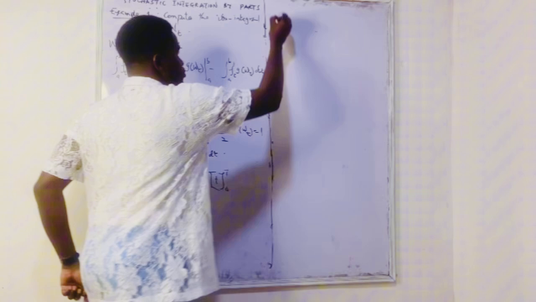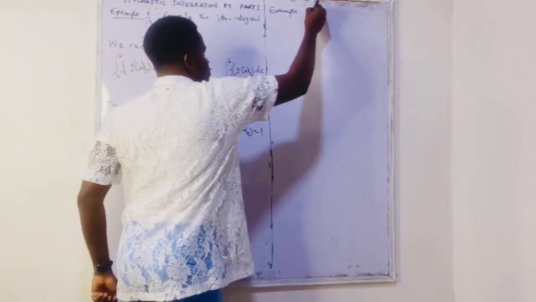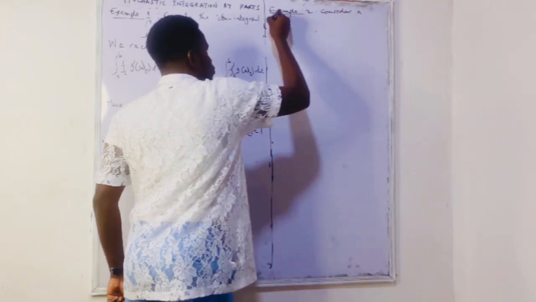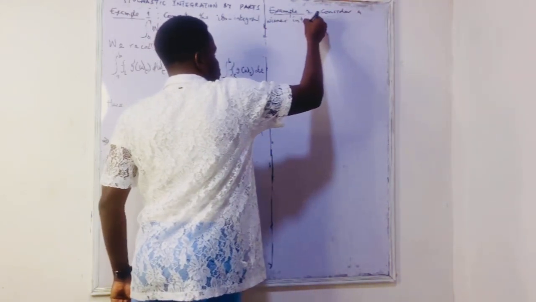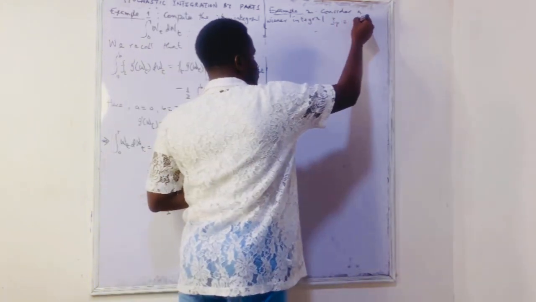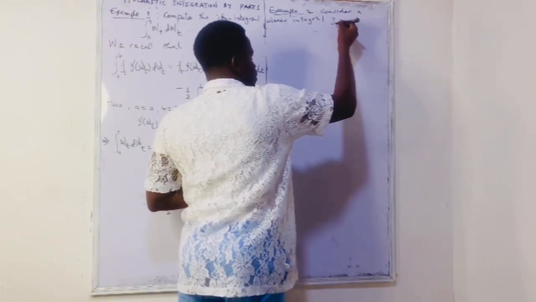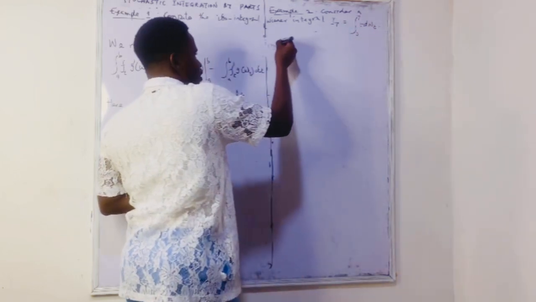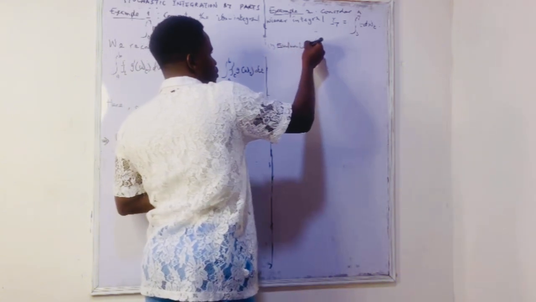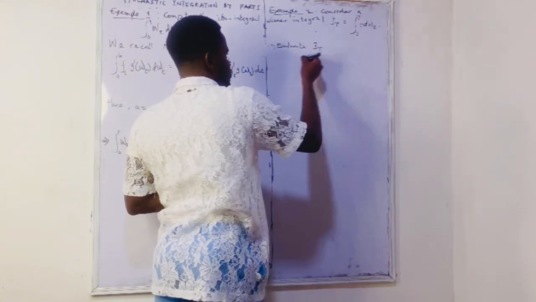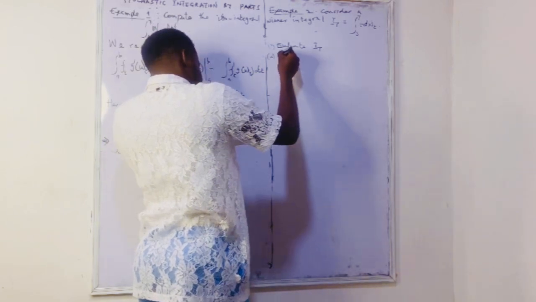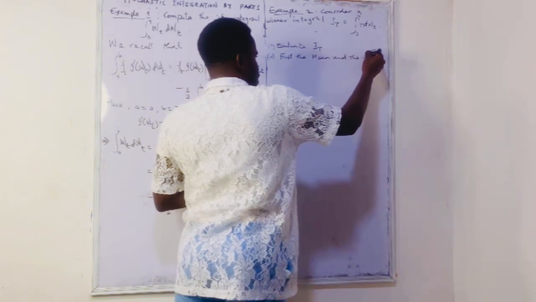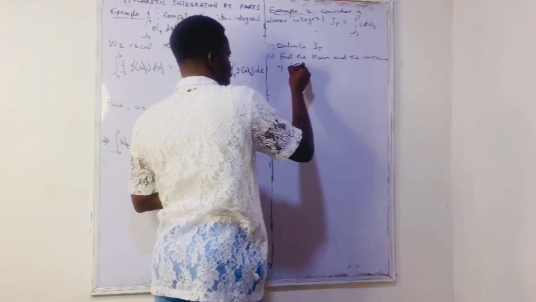Now let's consider another example. Example 2. Consider a Wiener integral I_t equals the integral from 0 to t of c dW_t. One, evaluate I_t. Two, find the mean and the variance of I_t.